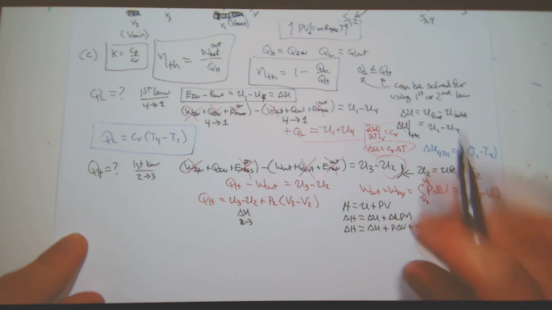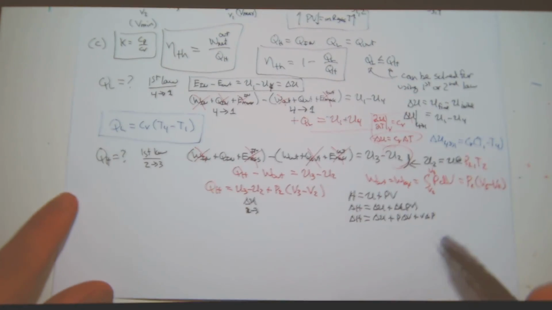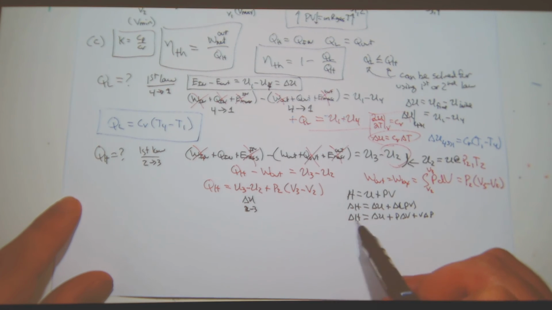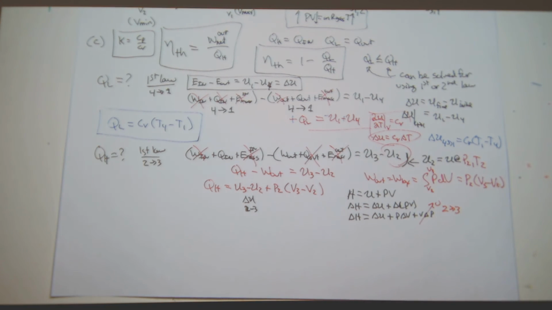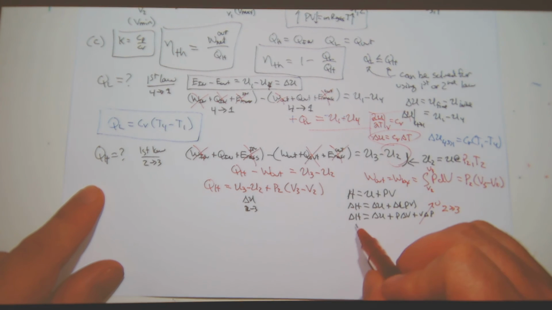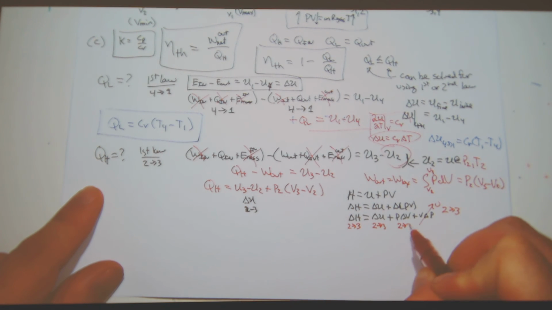And if I look here, when I go from 2 to 3, it's constant pressure. So if this is constant pressure, this part is 0 from 2 to 3. So I got delta H 2 to 3 equals delta U 2 to 3, this part 2 to 3.